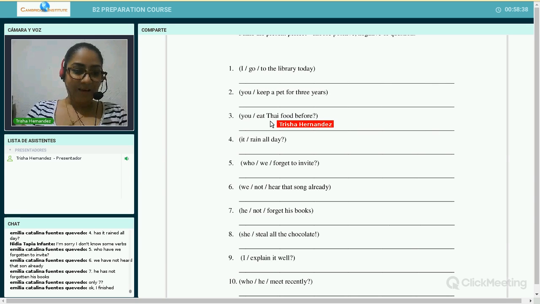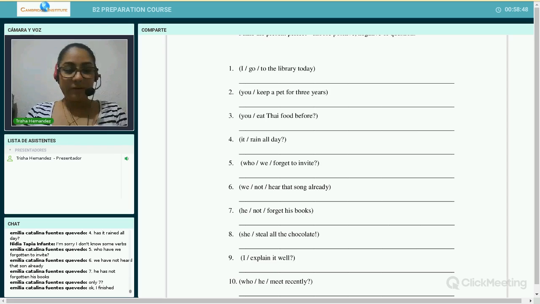Catalina. Okay, we are waiting for Elizabeth and Carolina. Don't worry, you have around 10 minutes to do this exercise.